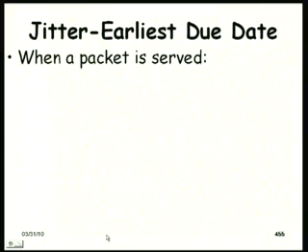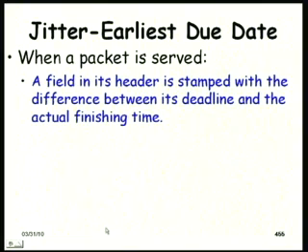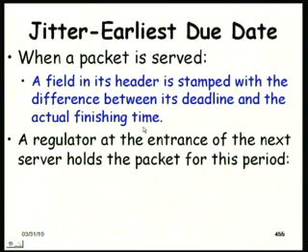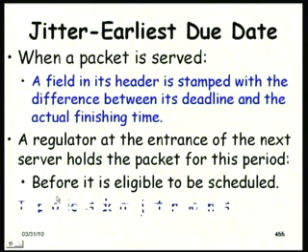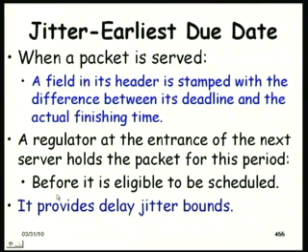Now, let us look at the jitter earliest due date. Here, when a packet is served by one router, a field in its header is stamped with the difference between the deadline of the packet and the actual time at which it is transmitted. Once it reaches the next router or server, it holds the packet for this period, which is its eligibility period, and this provides delay jitter bounds.